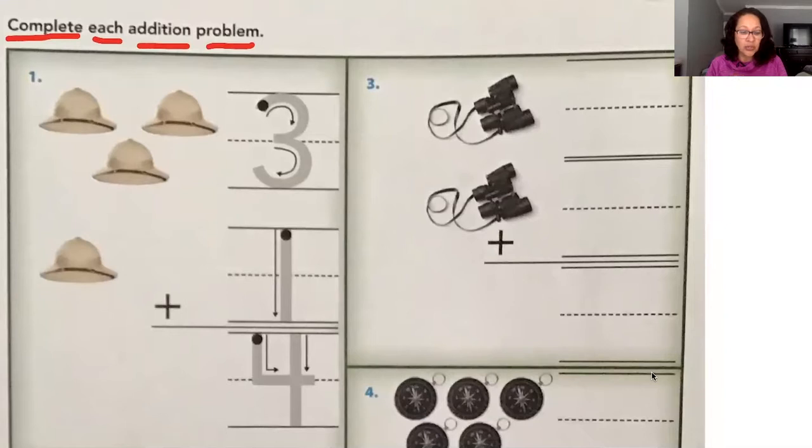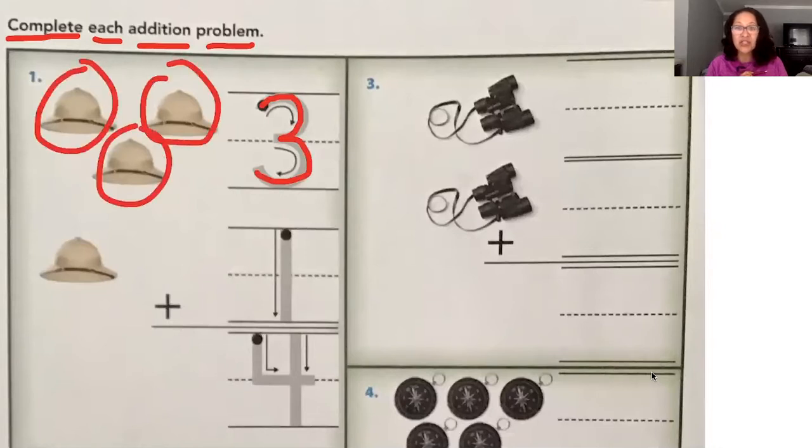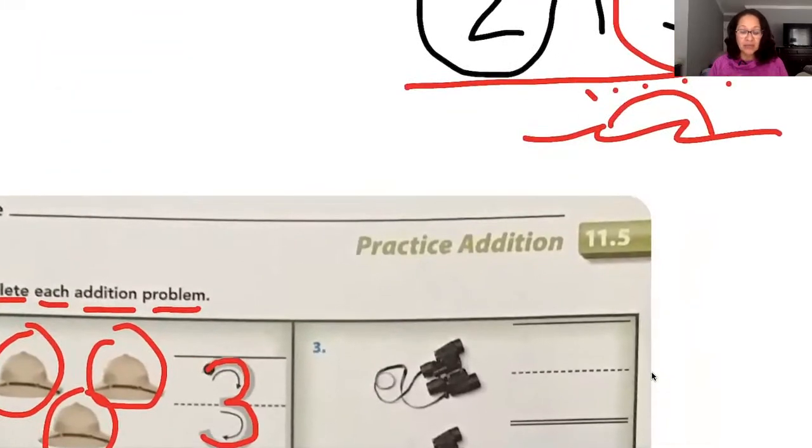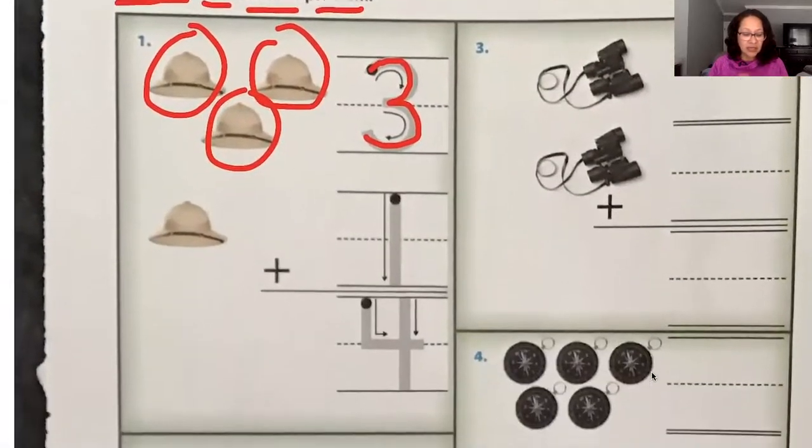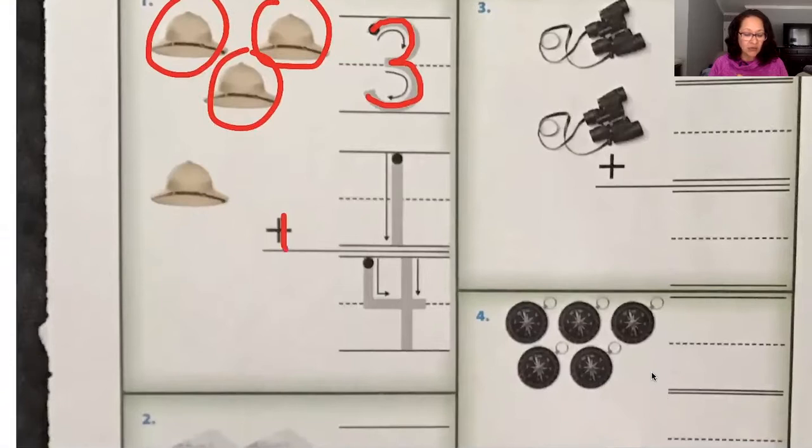So the 3 that you're going to add is here. We're going to trace it. And here is the hat. See here the hats? 1, 2, 3. So that's 3. And look at the difference between the horizontal problem and the vertical problem. The plus is between the 2 numbers, and over here, the plus is next to the bottom number.